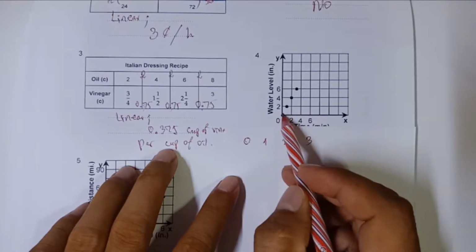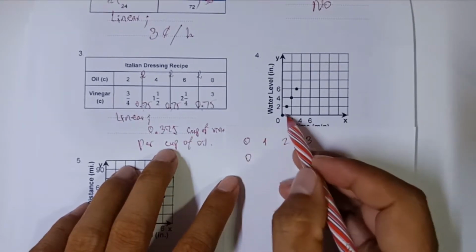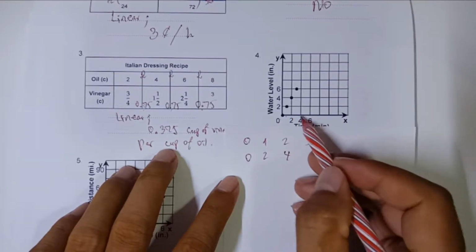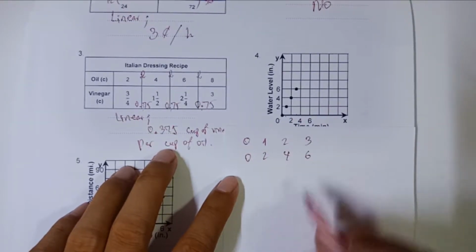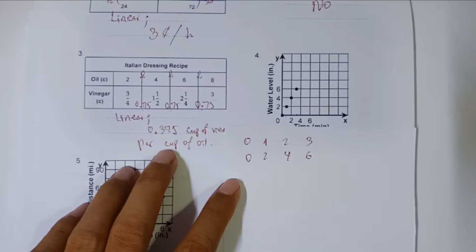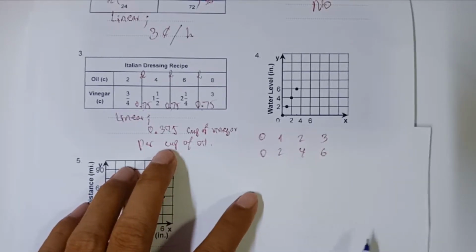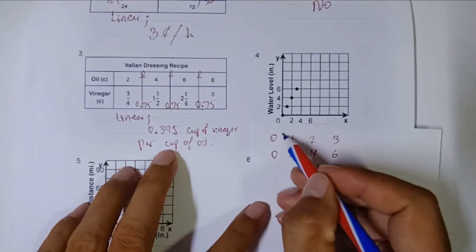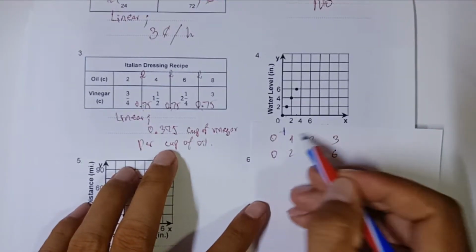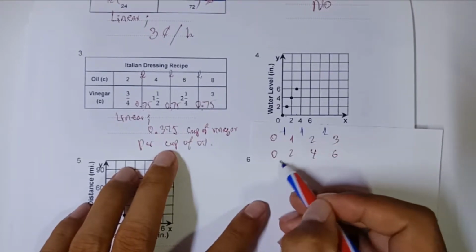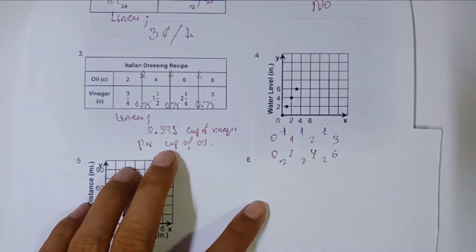For the y value, you have 0, and then 2, and then 4, and then 6. After that, let's find the difference between the x and the y values. In this case you have 1 here in the middle. From 1 to 2 you have plus 1, plus 1, plus 1. In this case you plus 2, plus 2, plus 2.